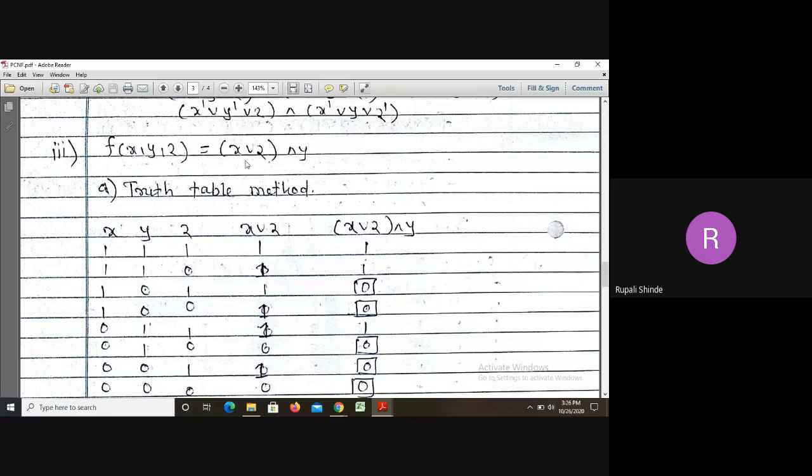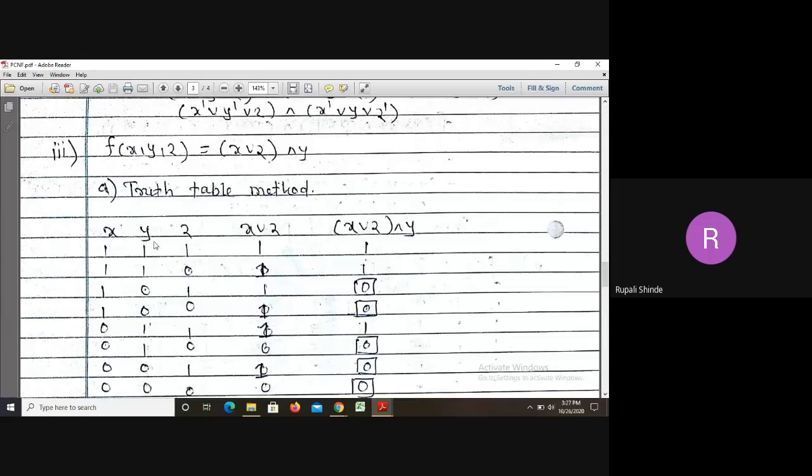So now we have to see what is this function, (x or z) and y. First of all, we make one column for x or z, and a last one for the whole function, (x or z) and y. Now find the value of x or z. The OR operation means the final value will be 0 only if both the values of x and z are 0.